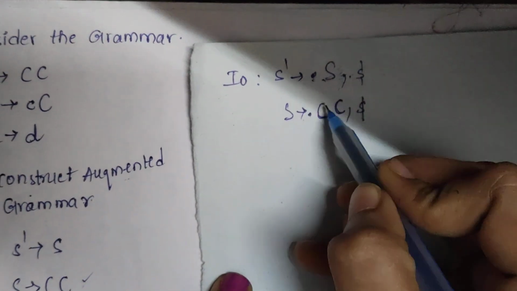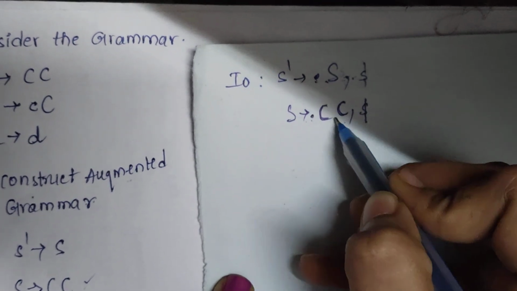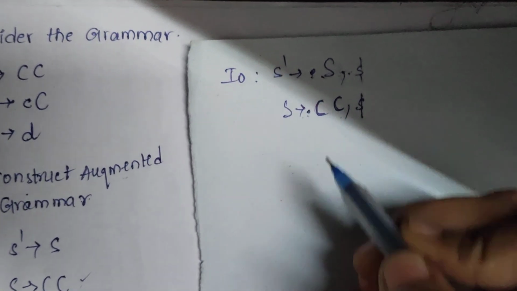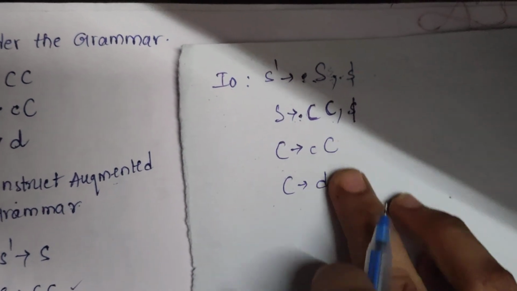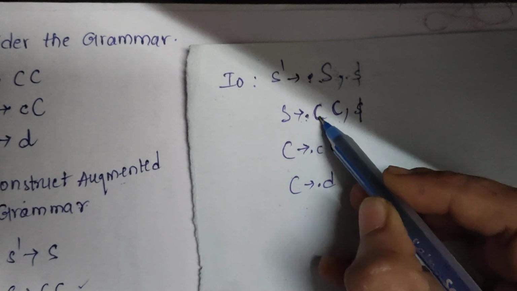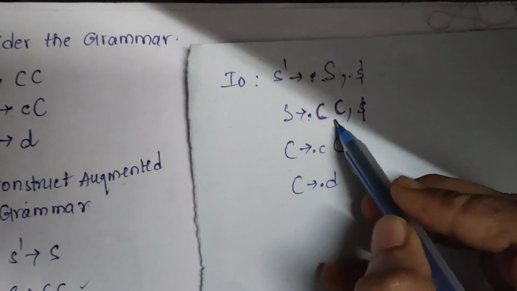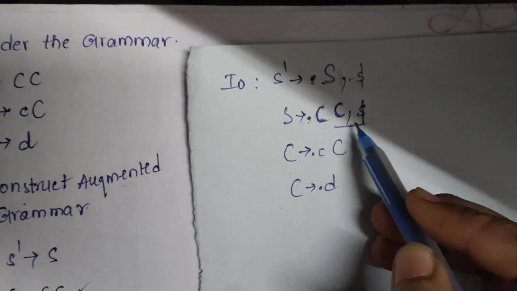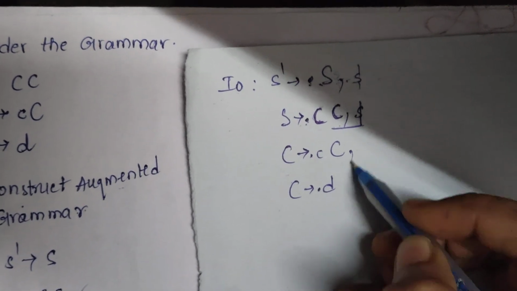Again we have dot C. The dot is followed by non-terminal capital C, so we need to write all the C productions, and after writing them, keep the dot before each. The dot is followed by capital C, and beside it we have another capital C, so we calculate first of capital C to get the look ahead symbol.